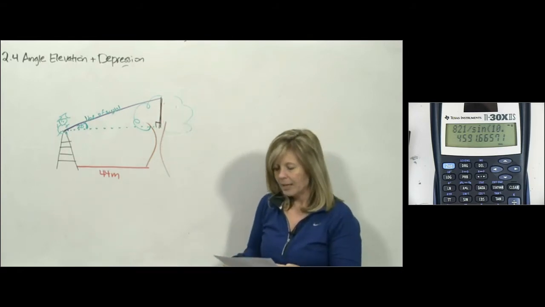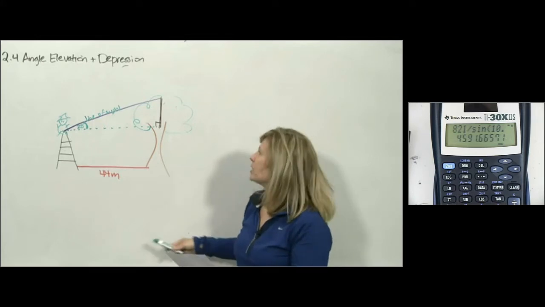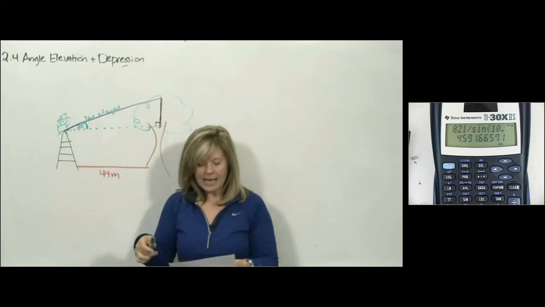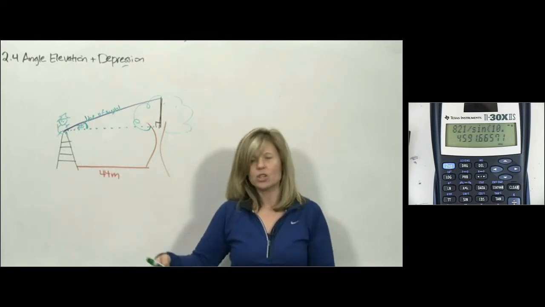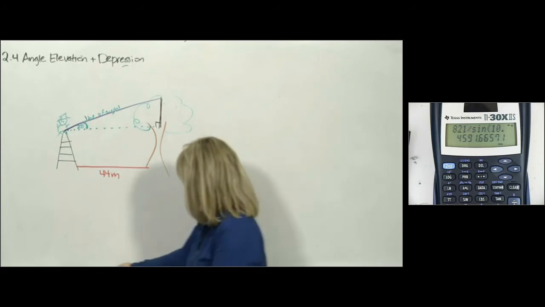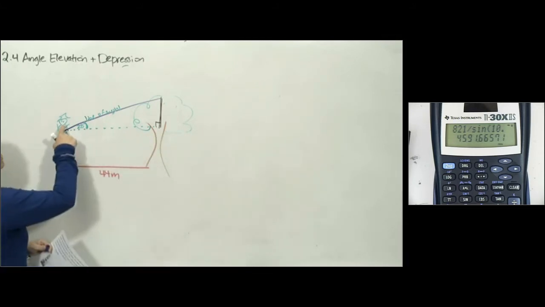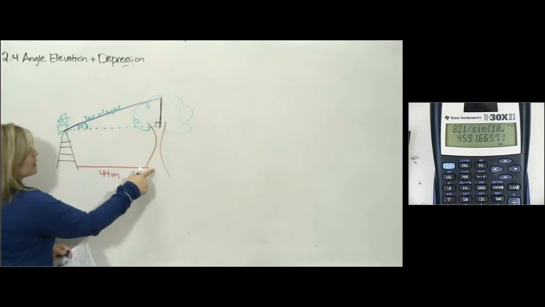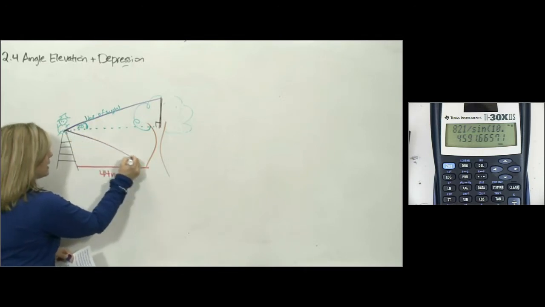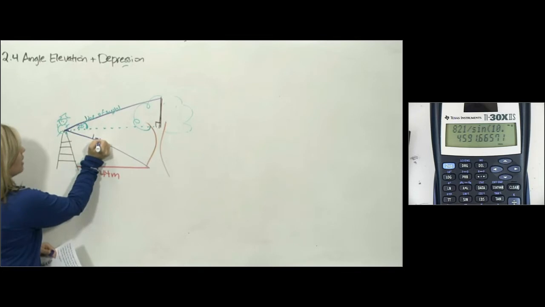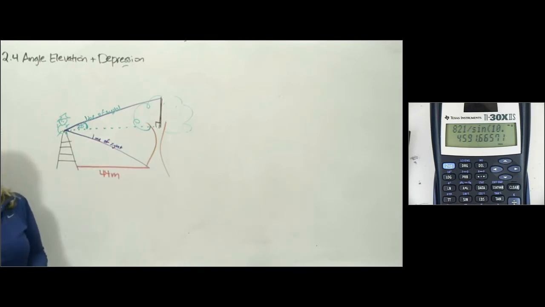Okay? Then it said from the top of the tower, the angle of depression to the base of the tree. So now what's happening is that same ranger is looking at the bottom of the tree. So he's looking down to the base. There's his line of sight. It says the angle of depression.